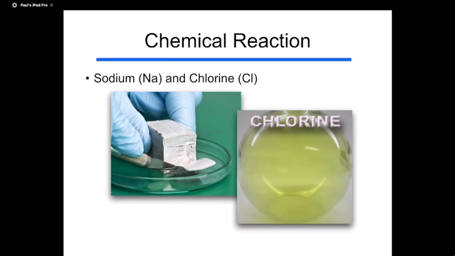And if I took a big breath of chlorine gas, what would happen to me? I would die pretty quickly, because chlorine gas is poisonous. All right, so sodium metal, if I take that in my mouth, I die, and chlorine gas, if I breathe that in, I die.